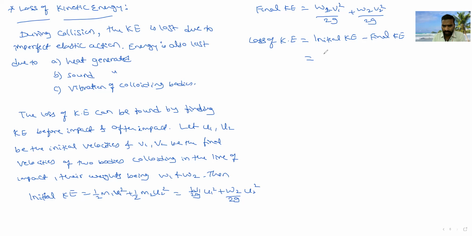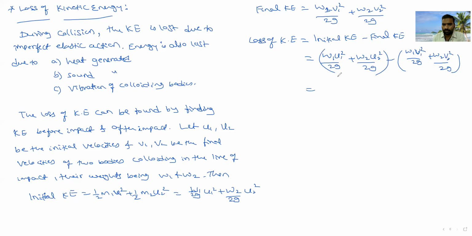So this can also be written as, see, initially W1 U1 square divided by 2g plus W2 U2 square divided by 2g, minus W1 V1 square divided by 2g plus W2 V2 square divided by 2g. Is it correct?